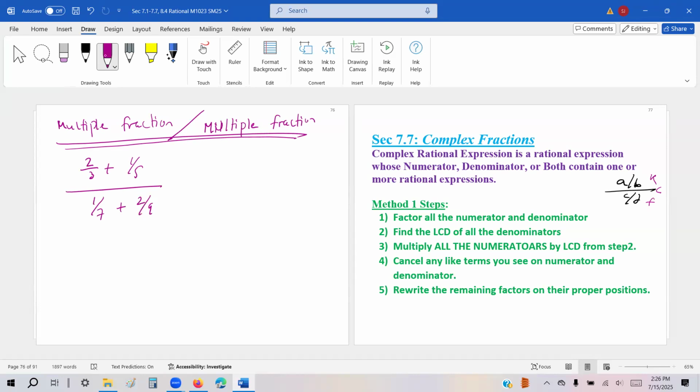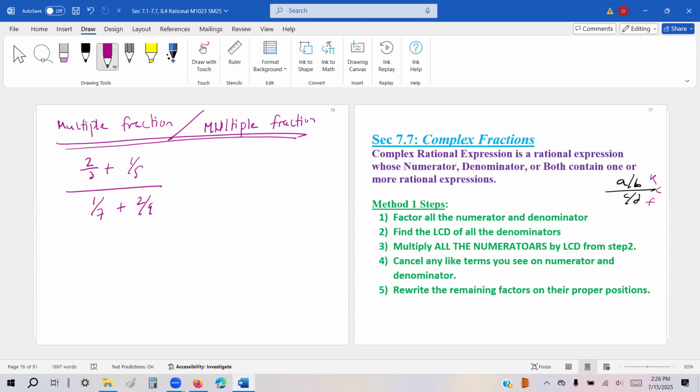So see, 1, 2, 3, 4. We have 4 fractions. 2 of them divided by 2 of them. So in this case, we cannot do keep change flip. Keep change flip works only for one fraction divided by one fraction. So here you have many ways of doing it, but I'm going to do only one method.